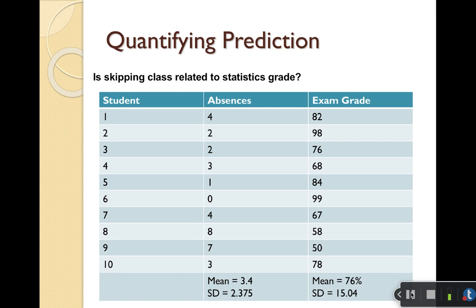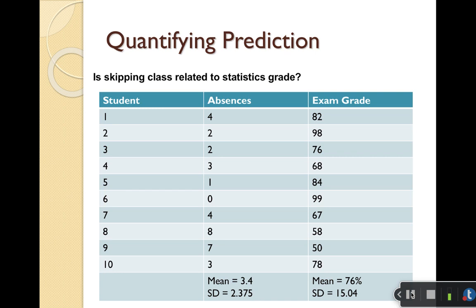I was able to take the mean and standard deviation, and ultimately where we went with this example was we computed z-scores for each variable, absences and exam grade. Once I had those z-scores, I cross-multiplied, I summed them up and took the average of them to create a correlation coefficient, or a little r. And as you recall, our correlation coefficient in this example was a negative 0.85.